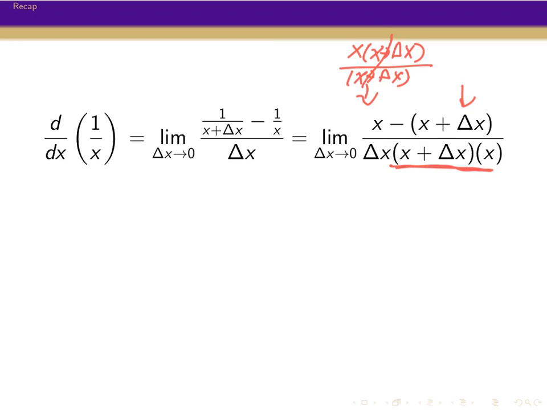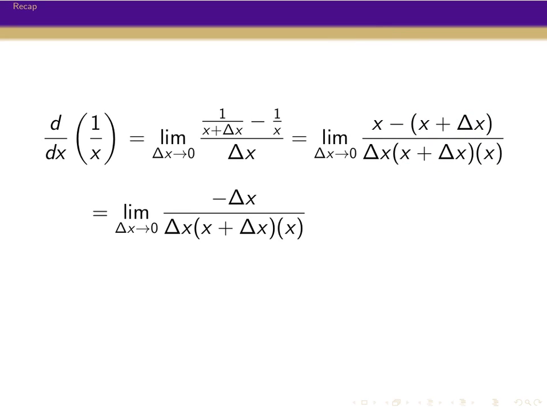So now what can we do? Well, if we look at what we have, let me change colors. We've got an x right here. We've got a minus x right there. So they're going to cancel each other off. All that we're going to be left with on top is going to be delta x. And so we have the minus sign carrying through.